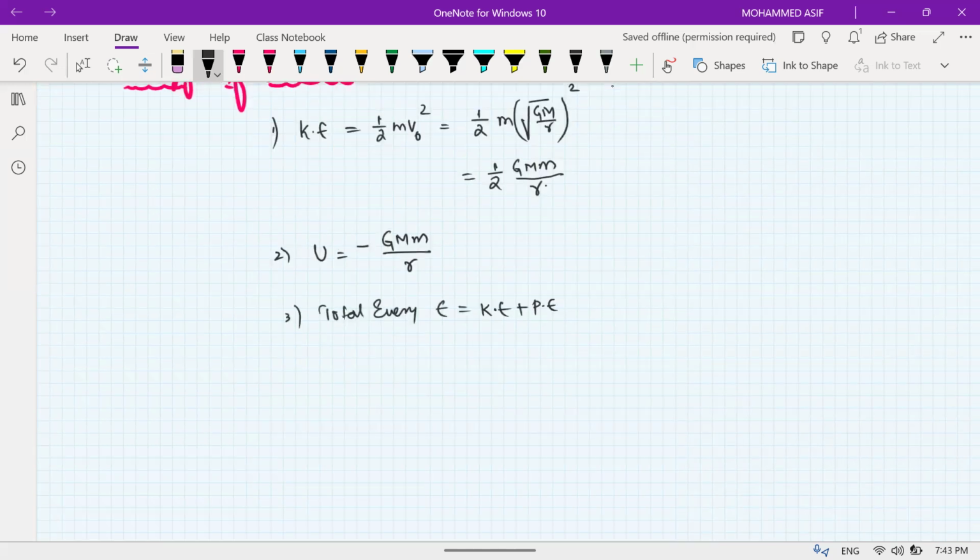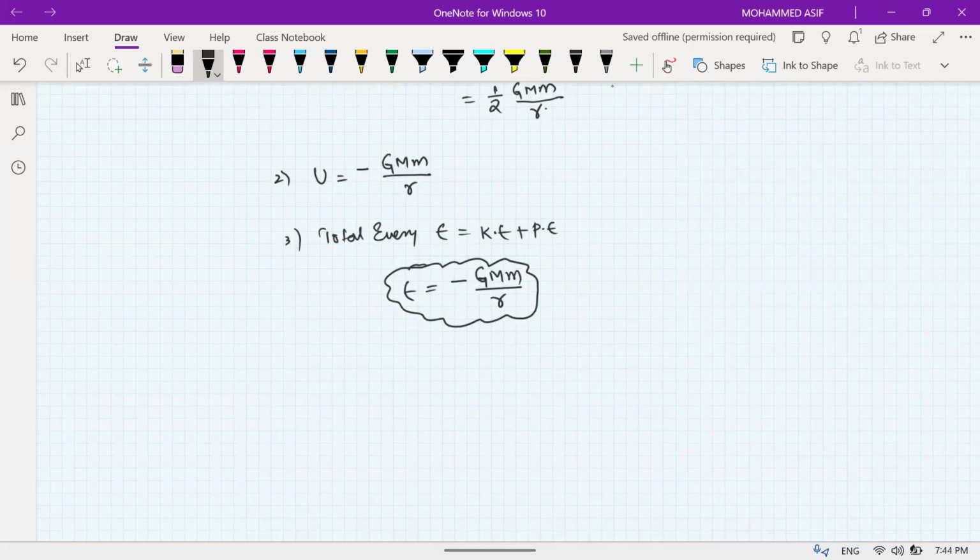One is half, another is one, minus one. So total energy will be equal to minus capital G capital M small m divided by r. So this will be the total energy. Am I clear? So can I say that kinetic energy is equal to minus of your total energy?